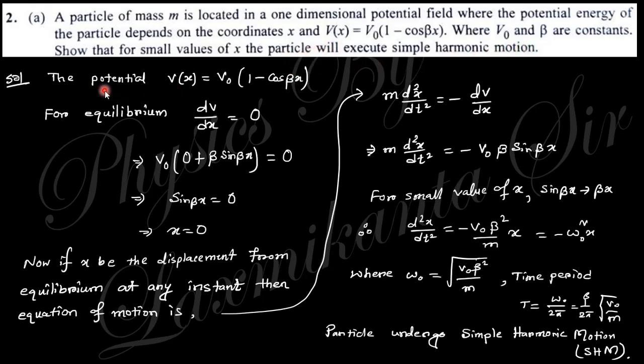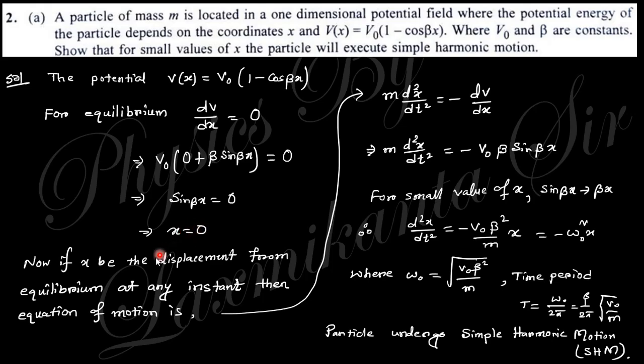That is, this is the potential. For equilibrium, you know the first derivative of the potential is 0. So if you take the first derivative as 0, it becomes like that.